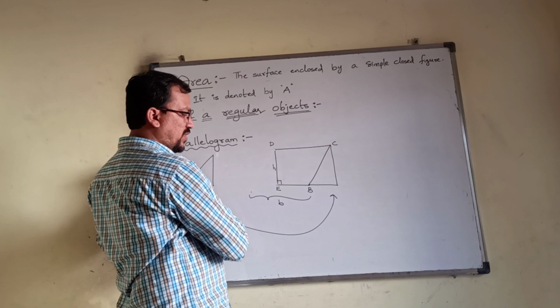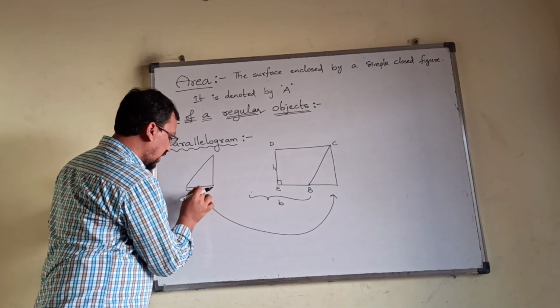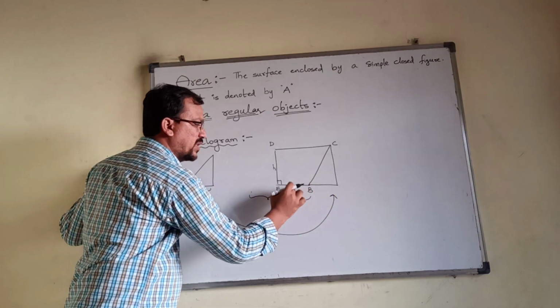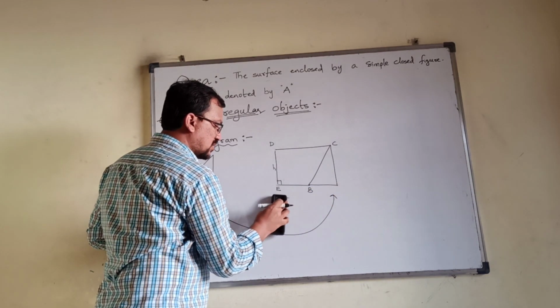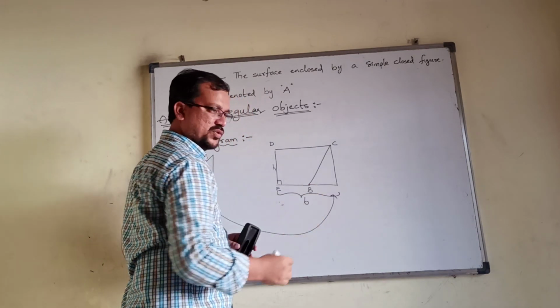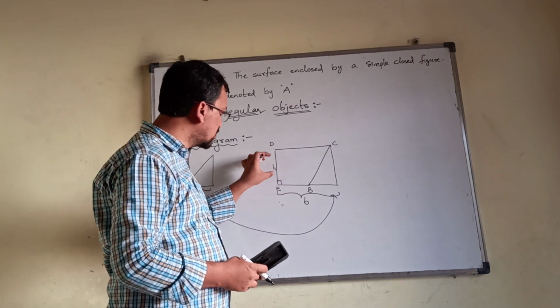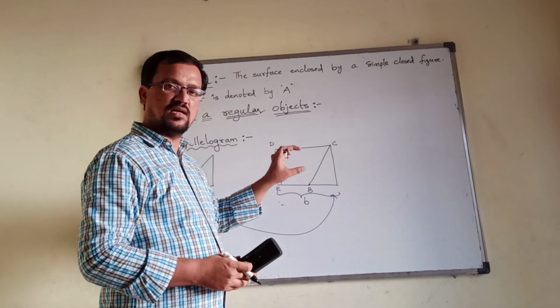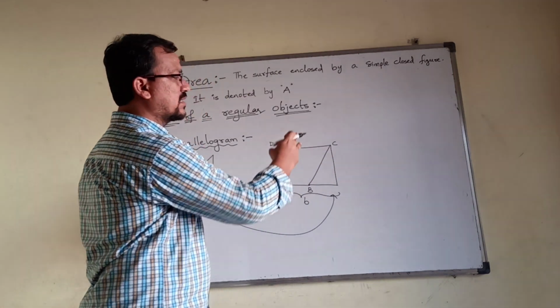This part will be joined here. So the base is as usual, and the height of the parallelogram is also as usual. Now it is like a rectangle.